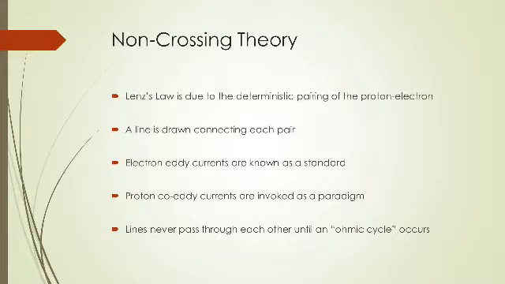And then the electron eddy currents are known in electrical engineering, for example. And there are also the proton co-eddy currents, and I'm invoking them as a paradigm for this new explanation using geometry. Lines never pass through each other unless there's an ohmic cycle that occurs.